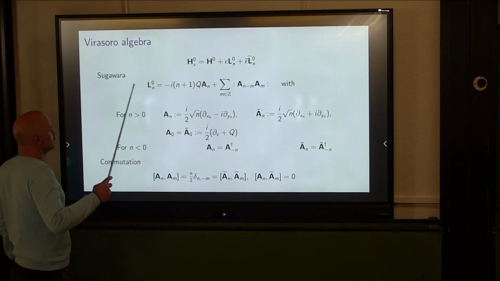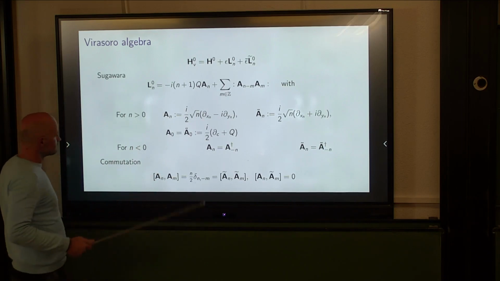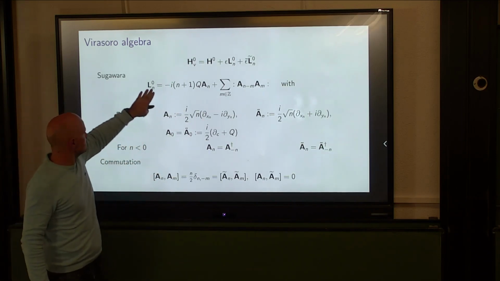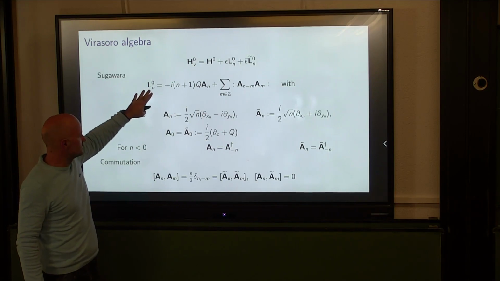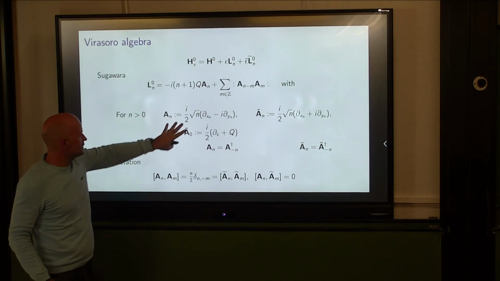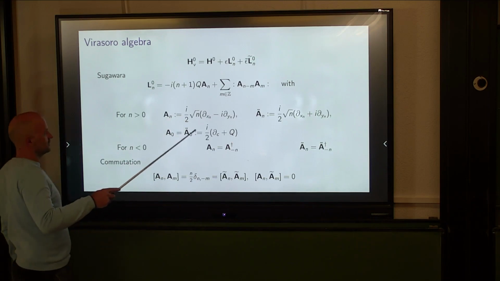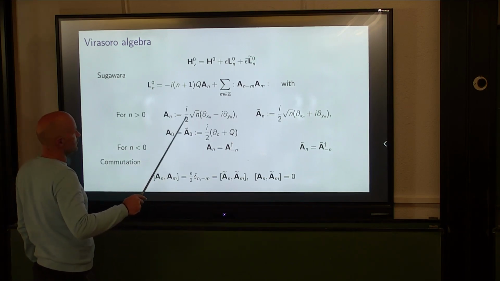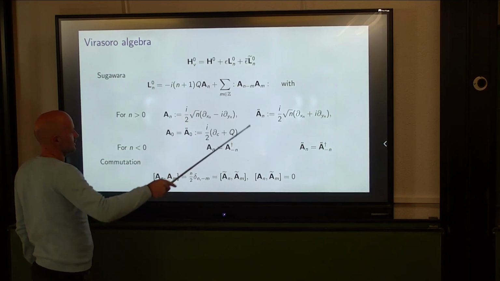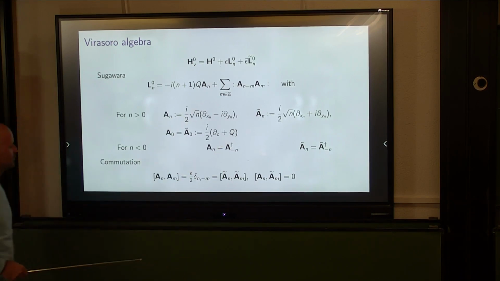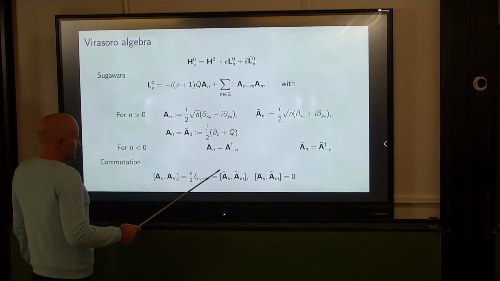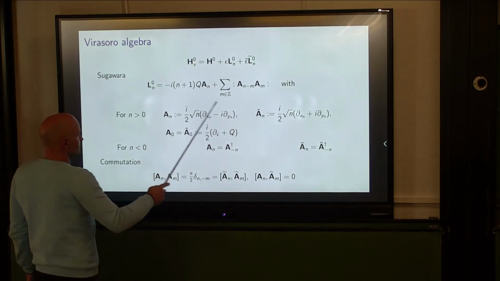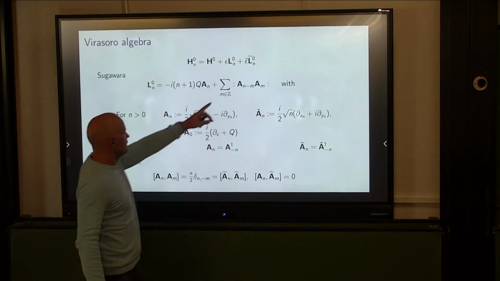So it's called the Sugawara construction. So these operators, you can construct them with the Heisenberg algebra. So this means that you have some creation and annihilation operators, a_n, for the first copy of the L_0n, another one for the anti-holomorphic part. And then you expand this L_0n in terms of these quantities here.